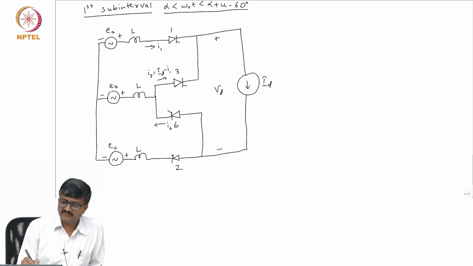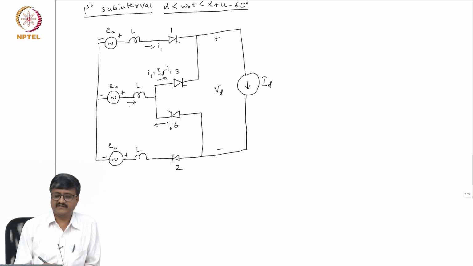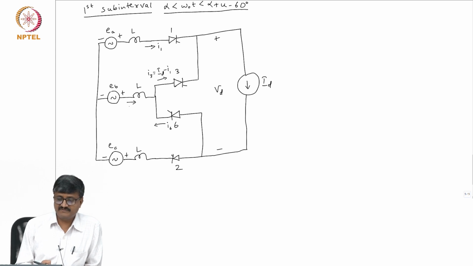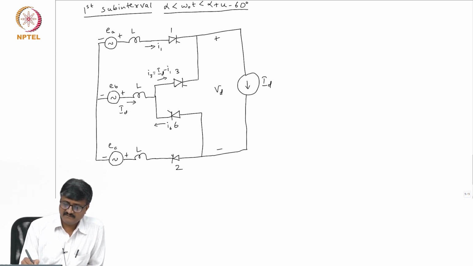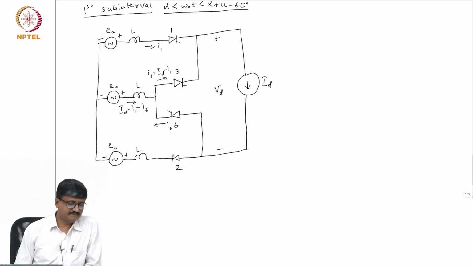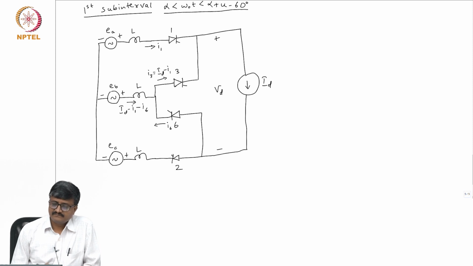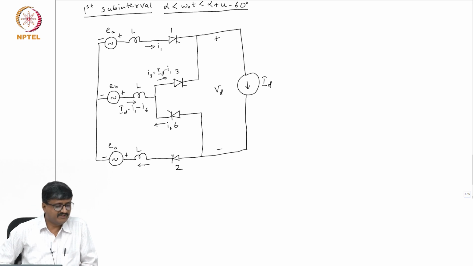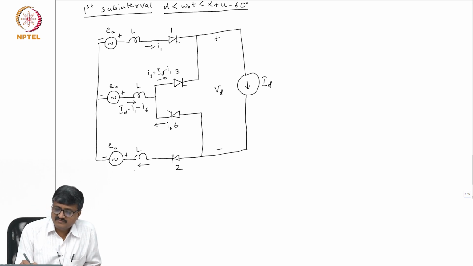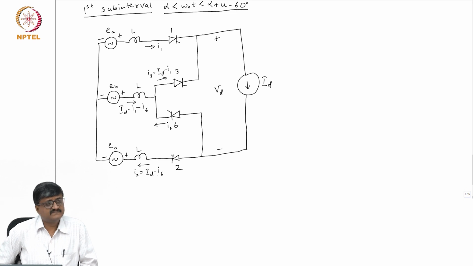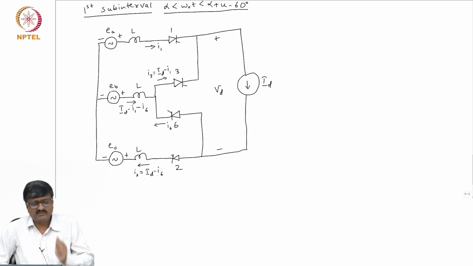If I take the current through this inductor L connected in series with EB, the voltage source with voltage EB, then it is ID minus I1 minus I6, and the current that is flowing through this inductance or valve 2 is I2, which is nothing but ID minus I6.